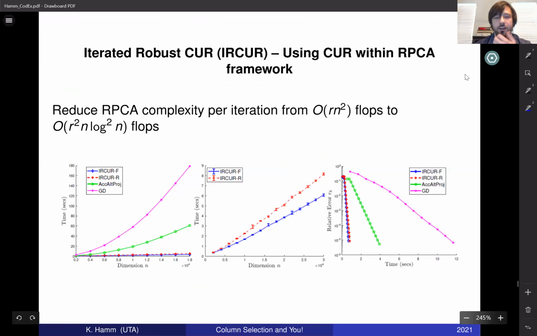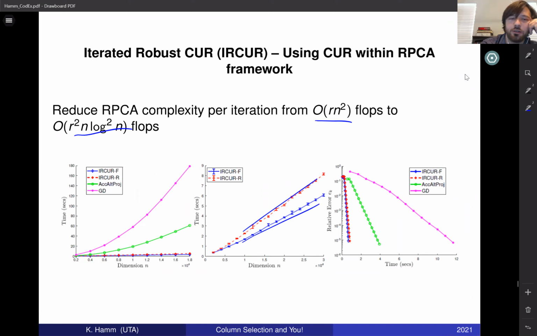And the upshot here is it's screaming fast. On the complexity end, we can reduce the per iteration cost from n squared to n log squared n, up to paying this r squared factor. And you can see that linear scaling in this experiment on synthetic data, time versus dimension, showing that that's happening.